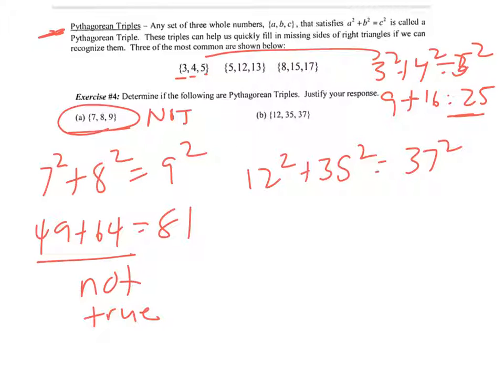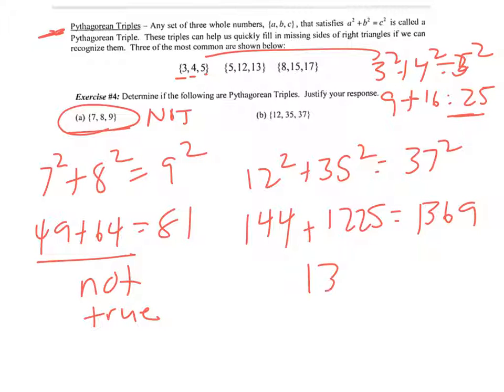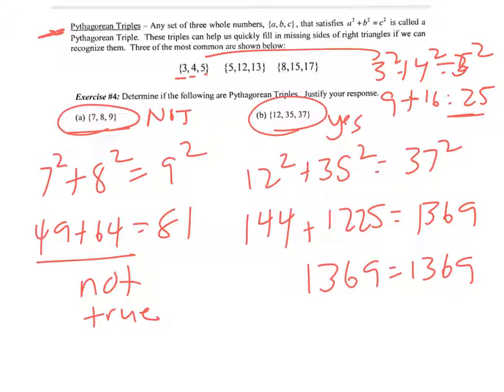So as I calculate, I know what 12 squared is. It's 144. So let's do 35 squared, and it's 1,225. And then all I have to do is do 37 squared, and it equals 1369. So if I add these two, do I get 1369? And I do. So this is, yes, a Pythagorean triple.